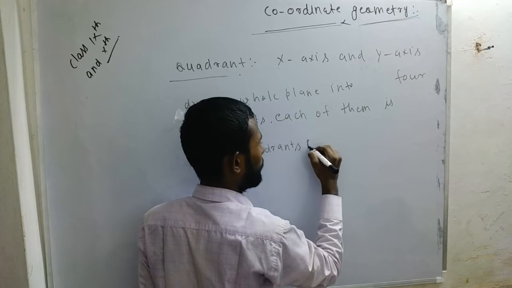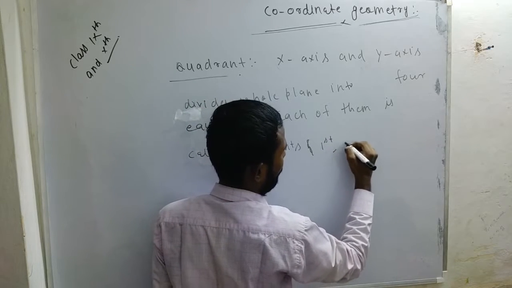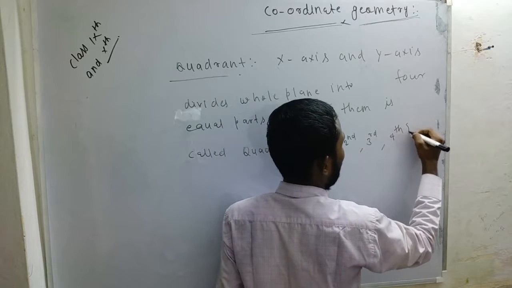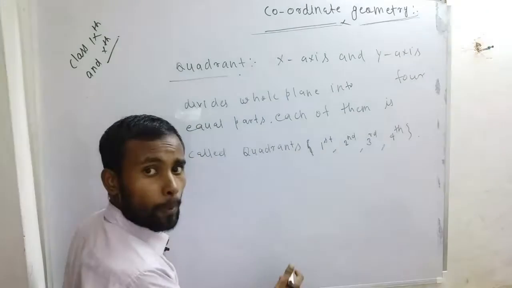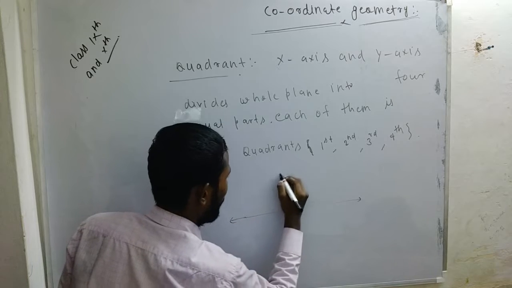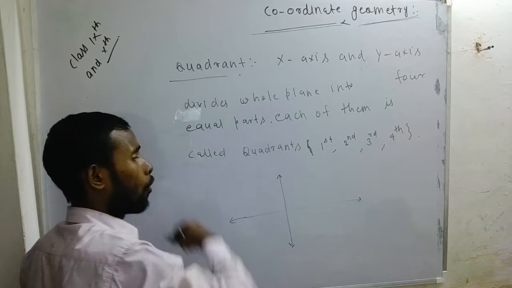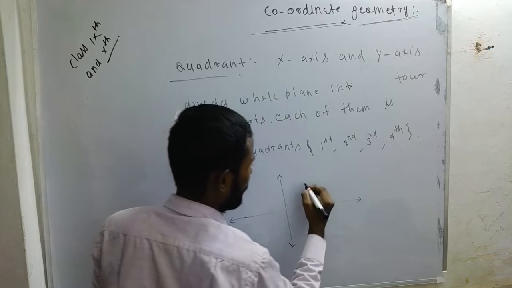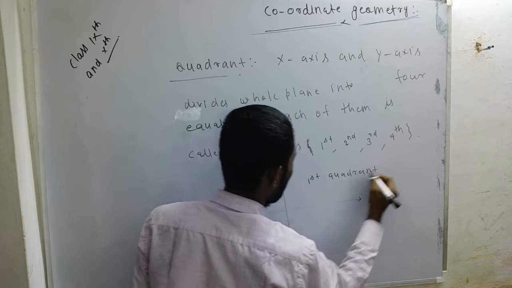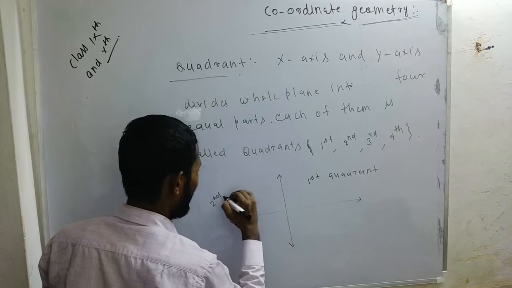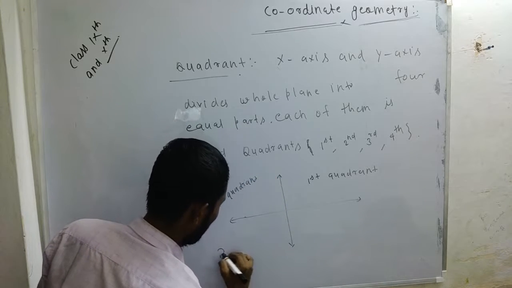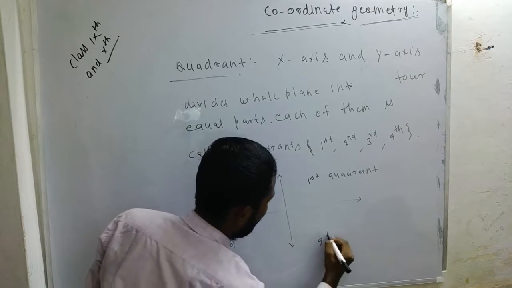They are named as first quadrant, second quadrant, third quadrant, fourth quadrant. That means if we take two mutually perpendicular lines in the plane, we observe that the whole plane is divided into four equal parts. This is called first quadrant, this is called second quadrant, this is called third quadrant, and this is called fourth quadrant.